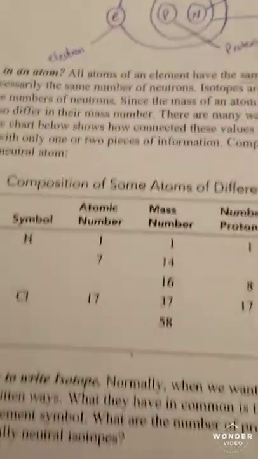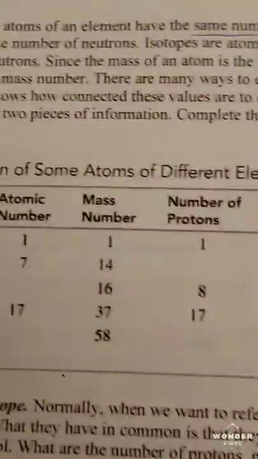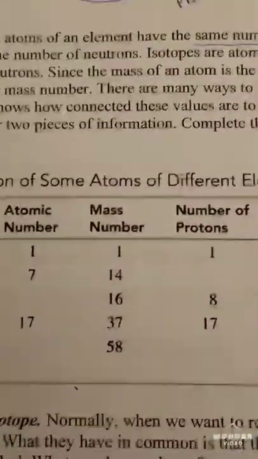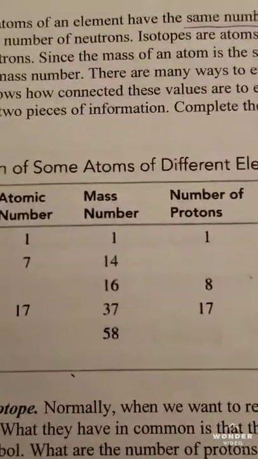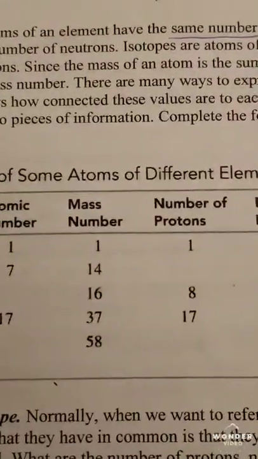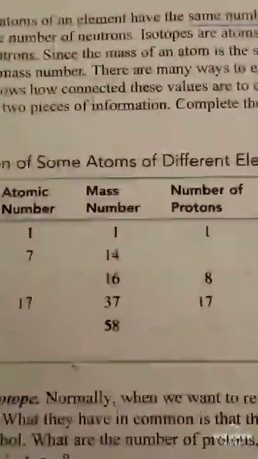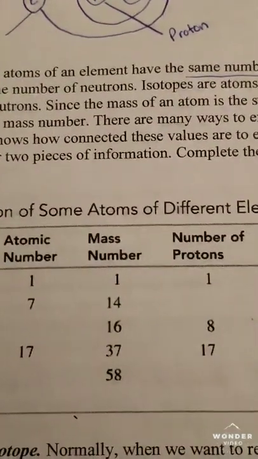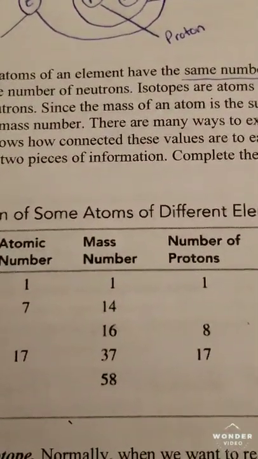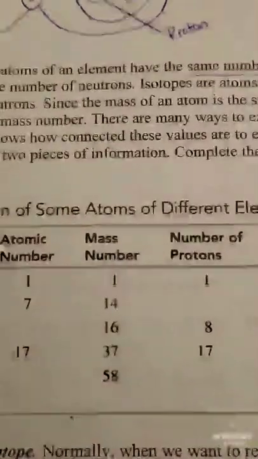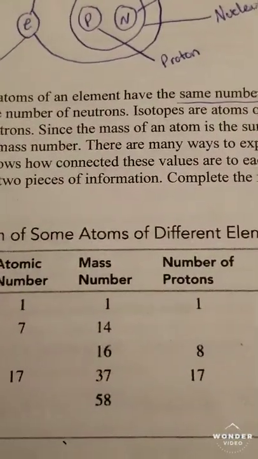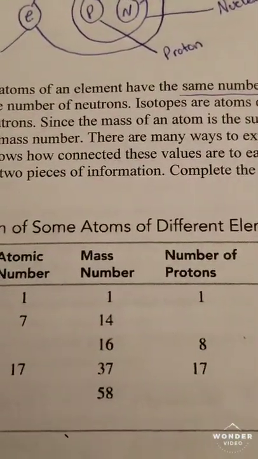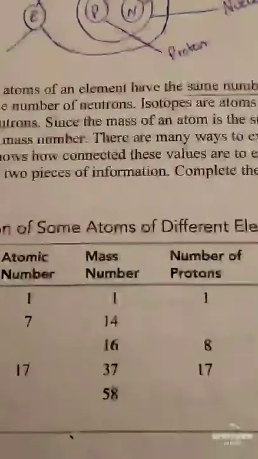So this chart here, you're going to be like, what the heck is this? What do we have to do? It's actually not that hard. I had a difficult time at first trying to figure out how to calculate this. But in a general sense, the first sentence of the question gives you the majority of the answers here. And knowing that the neutrons are always different, how do you figure that out?